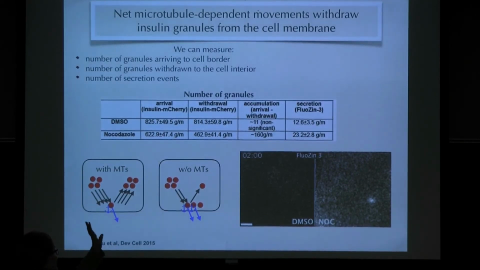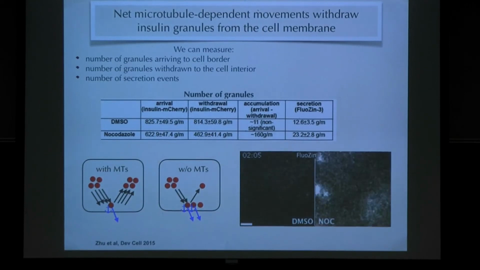But if we look at what happens in nocodazole, far fewer granules secrete than have accumulated. So they accumulate, and there is still an additional mechanism that regulates how much we secrete. Still, we secrete too much. These numbers show that we secrete two times too much, which on the physiological scale is a lot.